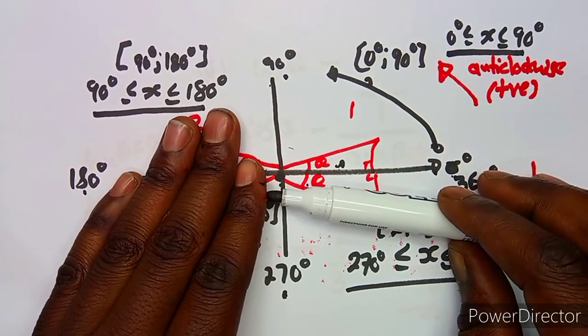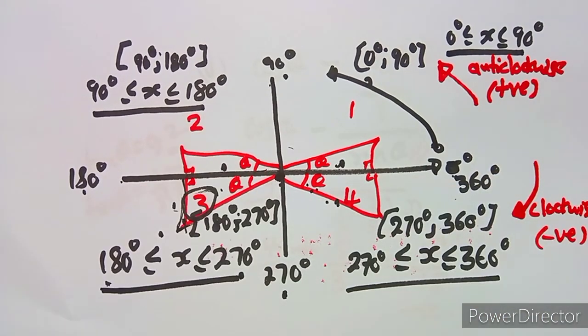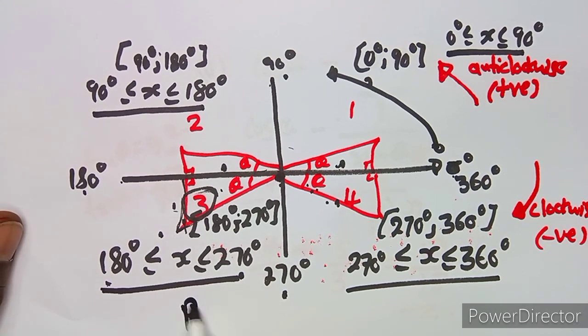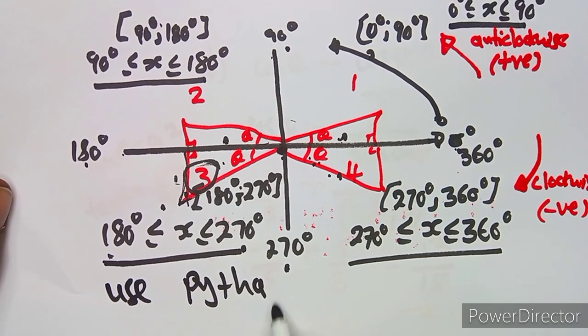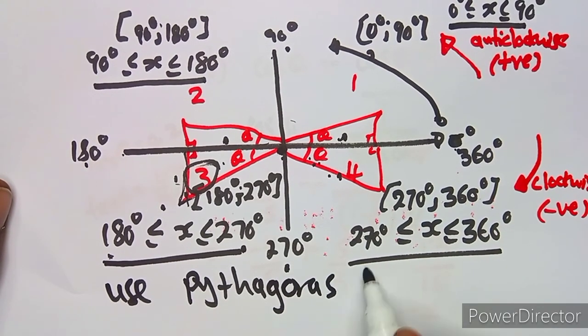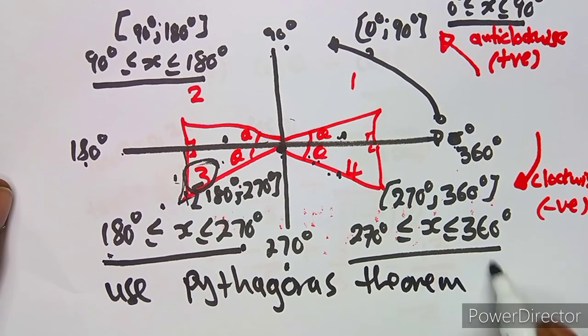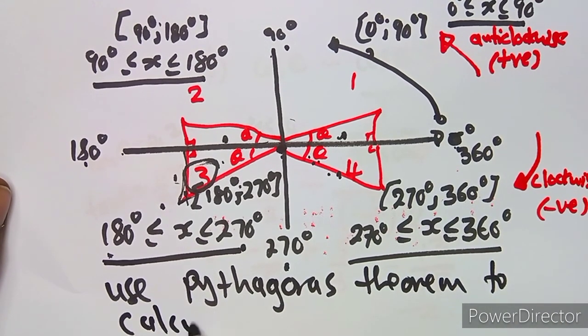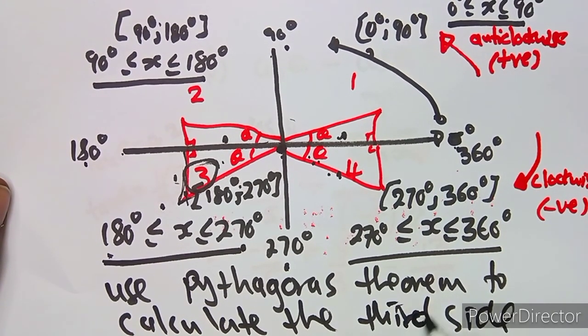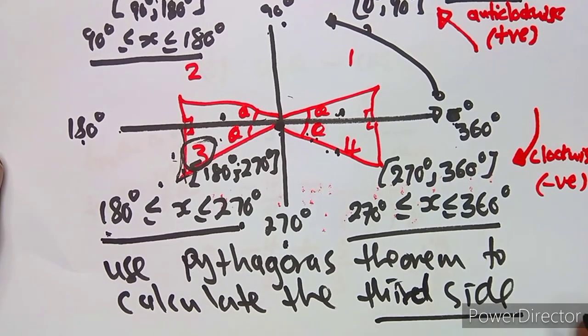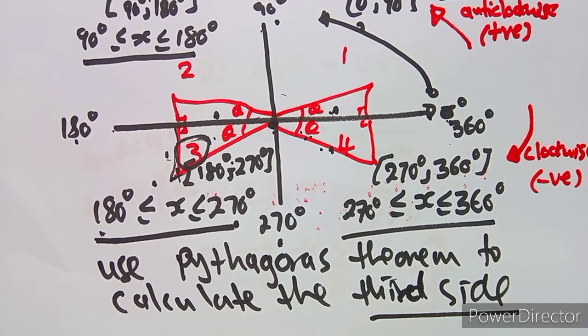If it is in the first quadrant, your triangle is going to be like this, where you have to calculate the missing side using Pythagoras theorem. Always use Pythagoras theorem to calculate the third side. That is the condition there. You have to calculate the third side so that you can apply the triangle to calculate the other ratios.